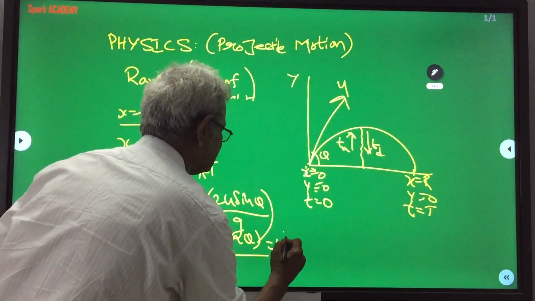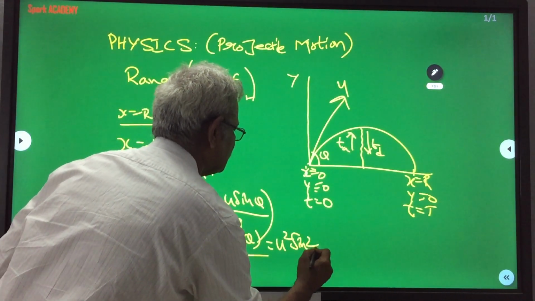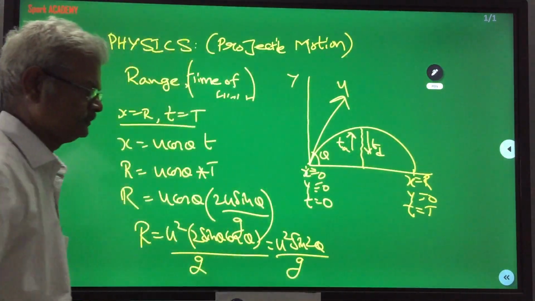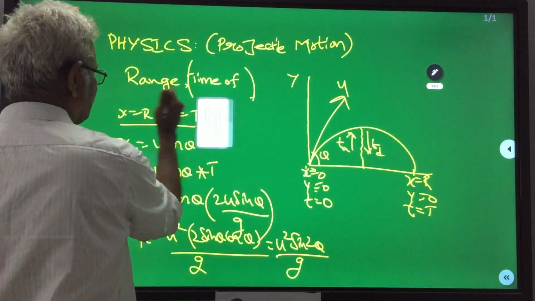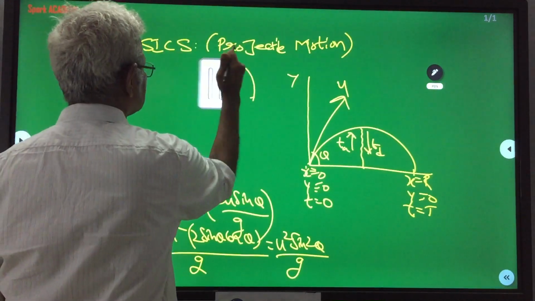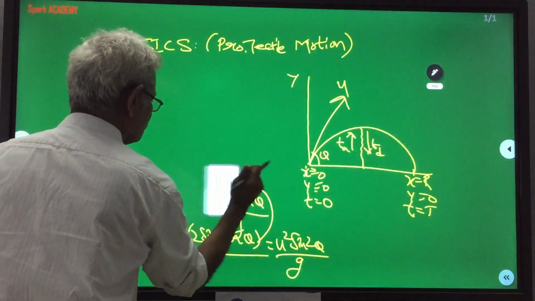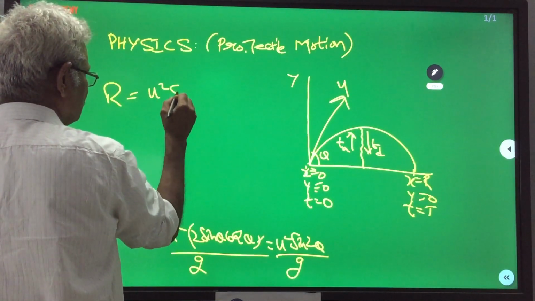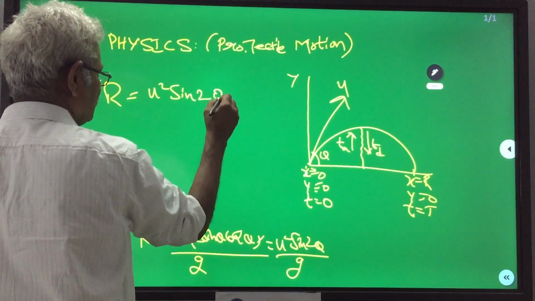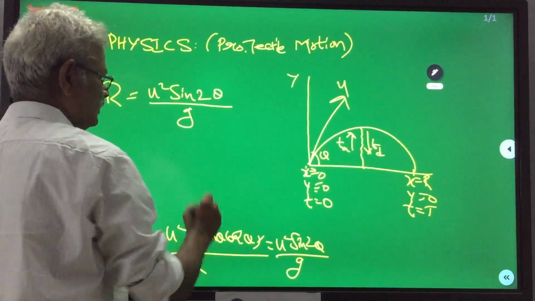Understood. So that means we get range is u square sin 2 theta by g.